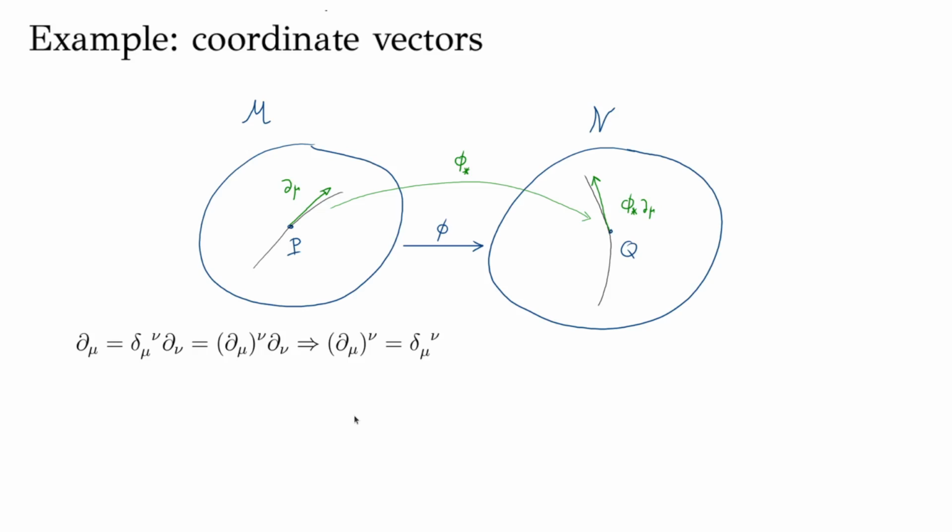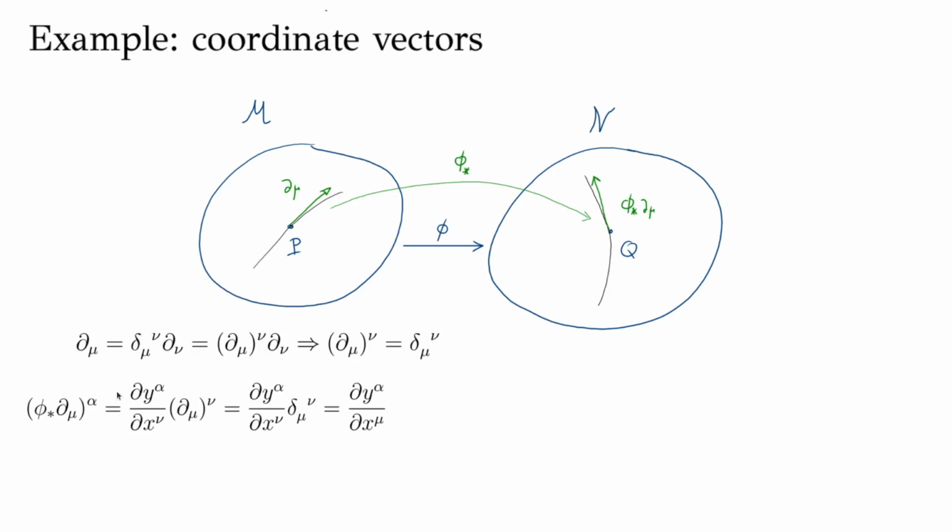As a special example, let's consider coordinate vectors. If we have a coordinate system in the neighborhood of P, that defines a coordinate basis which we denote by d mu. In this basis, the components of those vectors are trivially given by the Kronecker delta mu nu.